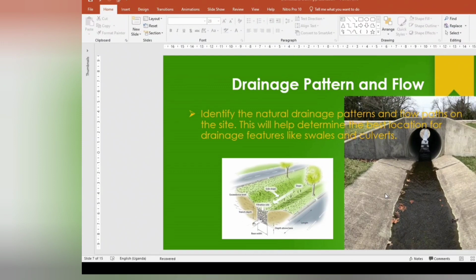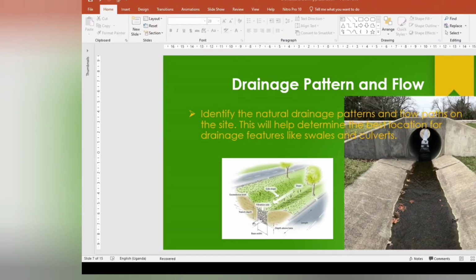Next, we have site grading and elevation. Under site grading and elevation, one should analyze the site's elevation and grading to ensure that water flows away from the house.